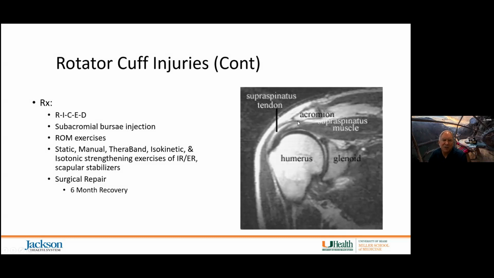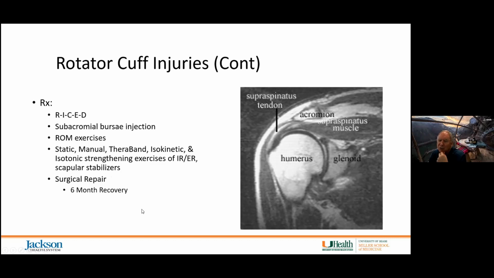So this is your supraspinatus tendon. It should look good. If it's torn and dysfunctional, obviously you're going to have to make some decisions on whether or not you can manage this conservatively, or they need to have a surgical repair. Surgical repair, so let's talk about that for a moment.